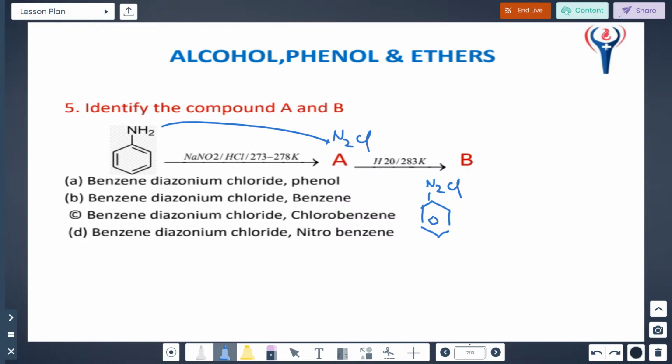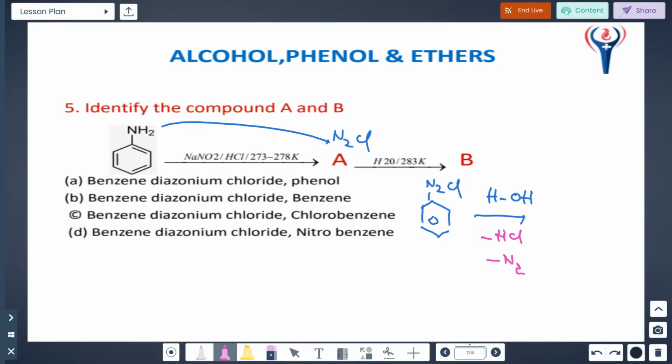That is A. Then on hydrolysis, water is added; for convenience I am splitting it like this. H from here, Cl from here, minus HCl. Always the N2 is removed as nitrogen gas. Then only OH is remaining.